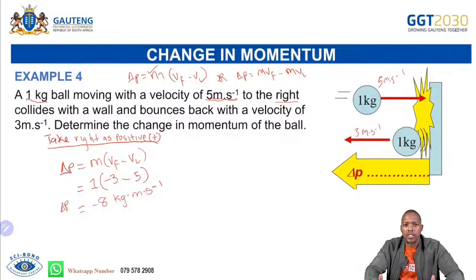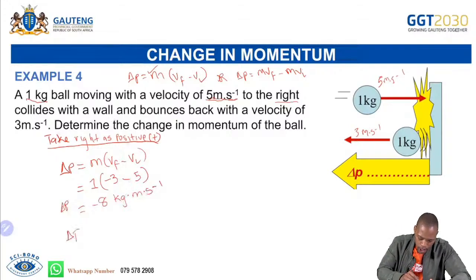The negative is just a sign that is borrowed from maths. We just use it when we are doing calculations. But scientifically, we have to conclude using words. Because the answer is our conclusion, we have to conclude using words that it is 8 kilogram meters per second to the left, because it's opposite to the right. So our answer should be change in momentum equals 8, we are dropping the negative now, kilogram meters per second to the left.